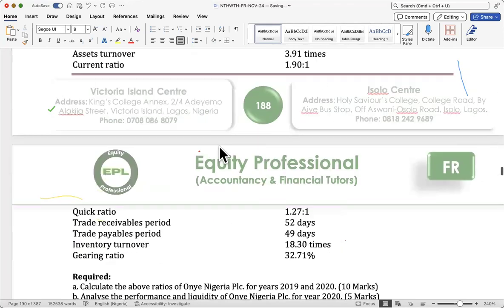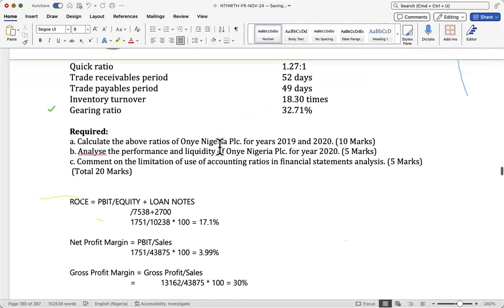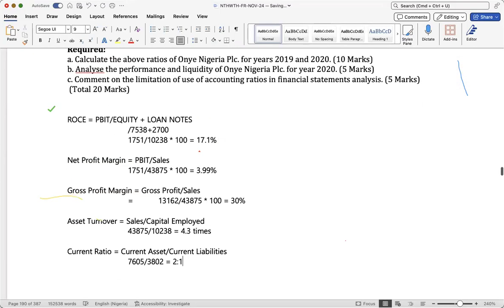Then there is the quick ratio: current assets minus inventory, divided by current liabilities. I already have my current assets as 7605 and my current liabilities as 3802.